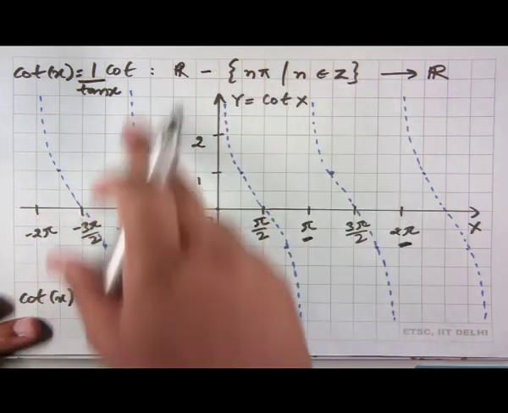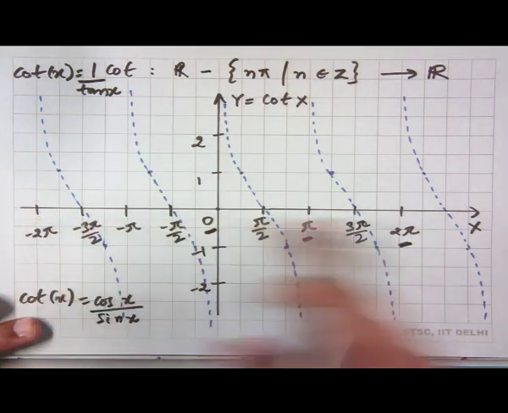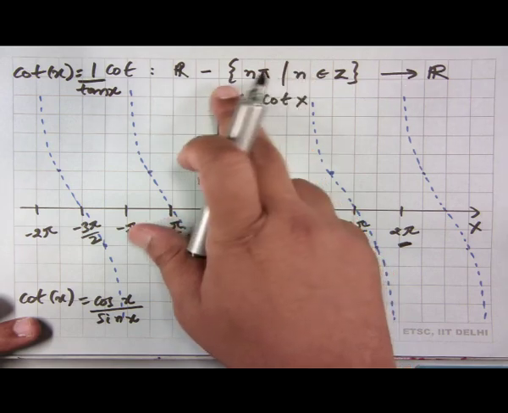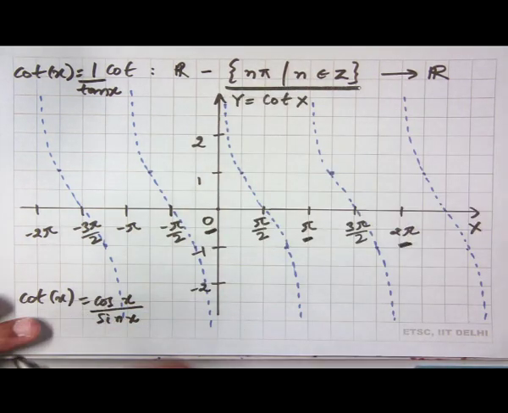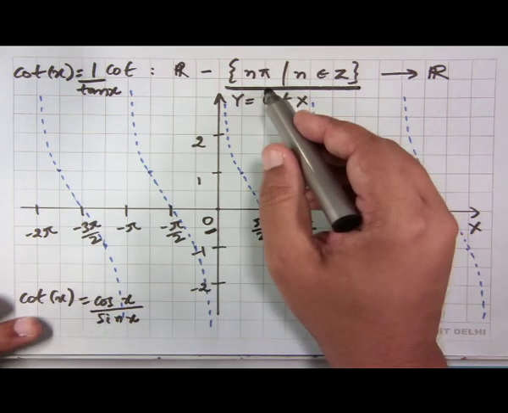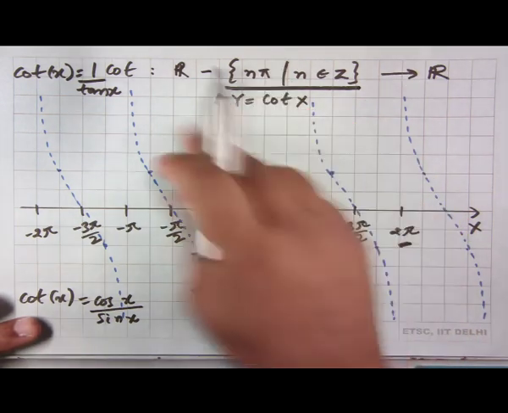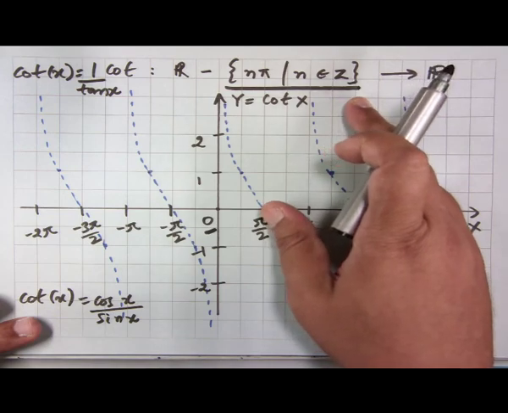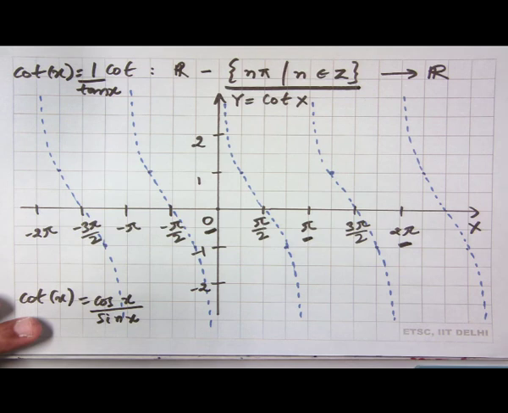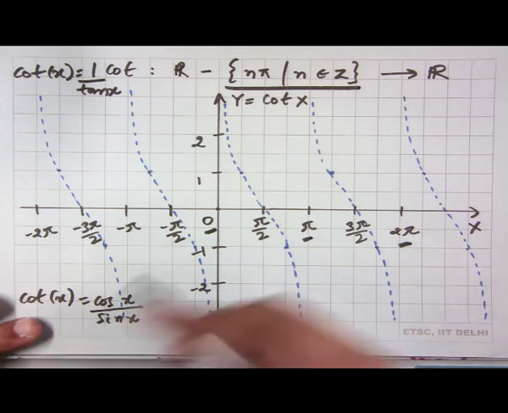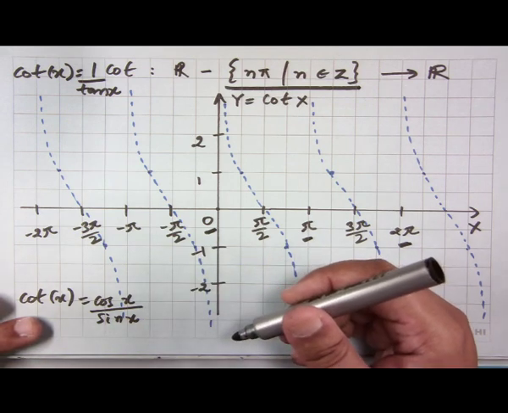For the domain we consider all real values except this set, and this set is precisely all integer multiples of pi. So, this is the domain of the cot function, and of course, the range will be the set of all real numbers, because the cot function will take all real values between minus infinity and plus infinity.